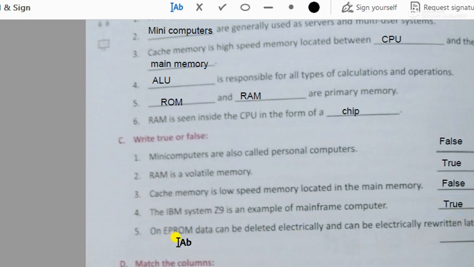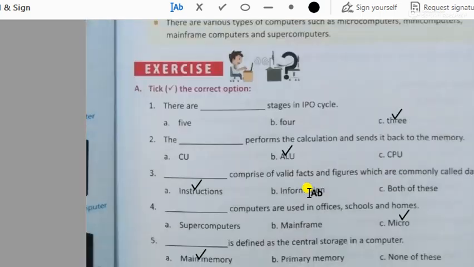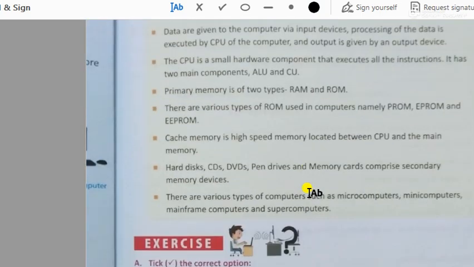And EEPROM data can be deleted electronically and can be rewritten later. It is true. Check it once again.